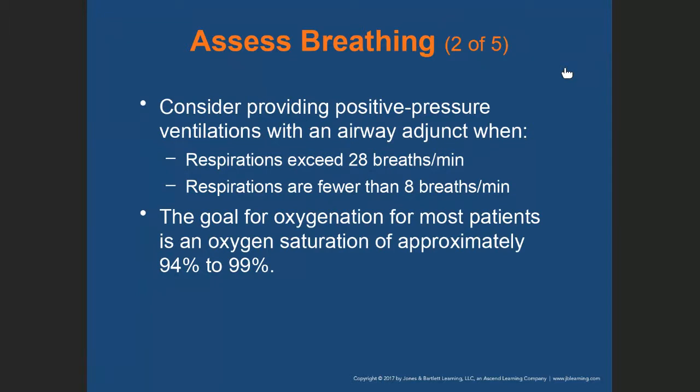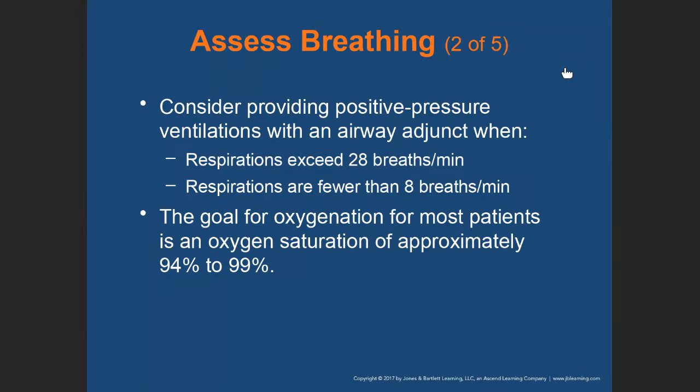Now, for this particular slide, it is important for you to understand that you're not going to breathe for the patient based only on the numbers. So we don't use numbers alone to determine if we are going to breathe for a patient. You look at the patient's level of consciousness, you look at the rate, the rhythm, the quality, and the depth.